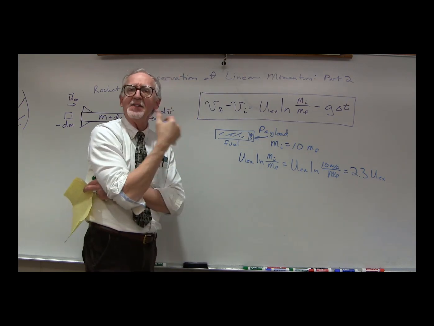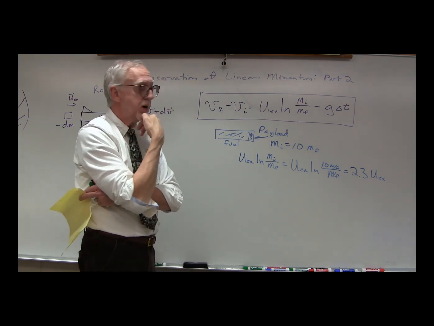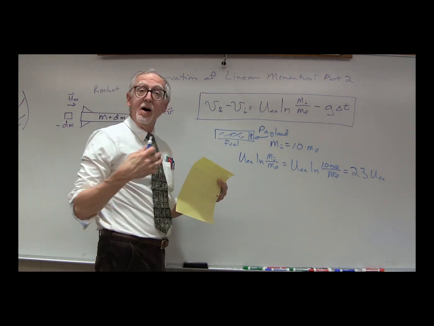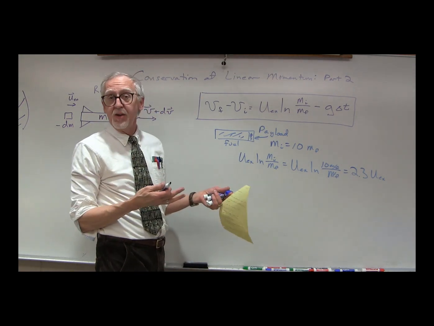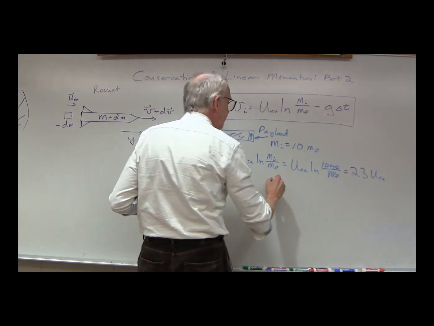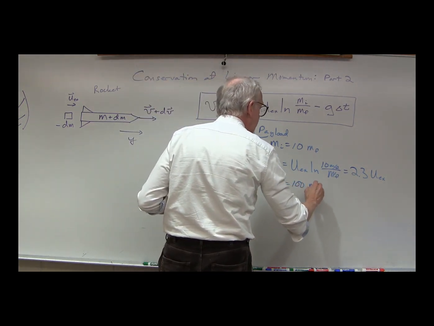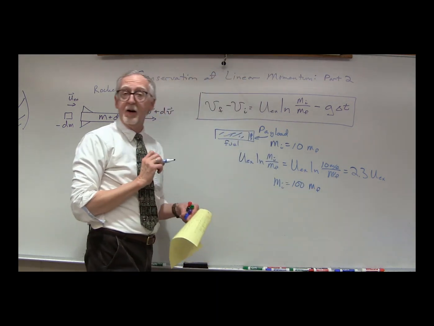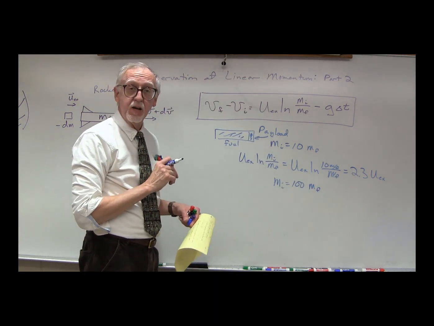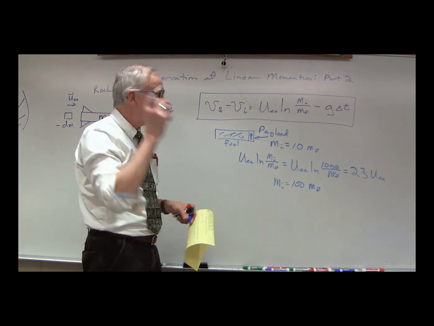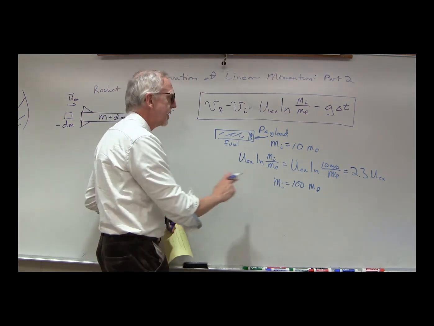Well, what if that's not good enough? What if we want it to go faster? Well, let's imagine that we make a rocket that is 99% fuel. So in that case, mi is 100 times the final payload mass. So the rest of it is all fuel. 99% of the initial mass is fuel. So what do we get in that case?